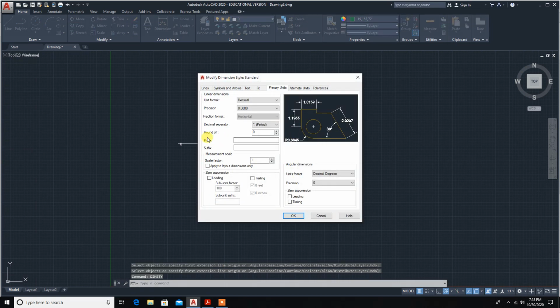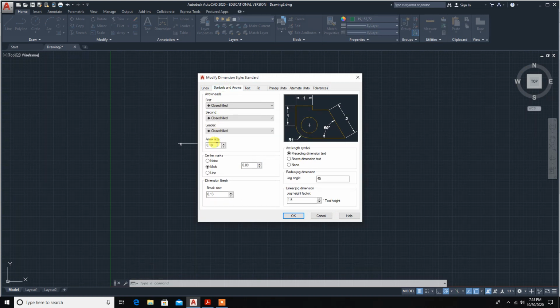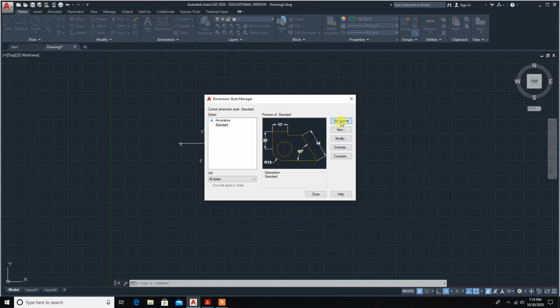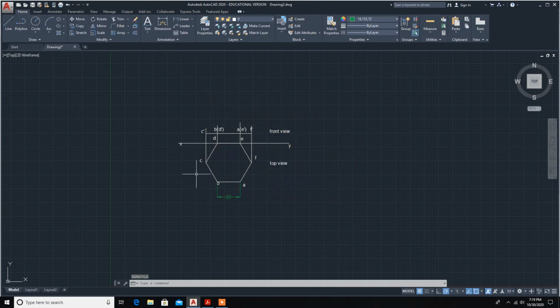Modify. Precision 0. Symbol 3 mm. Text height 3 mm. Okay. Set current. Close. So this is 20 mm.